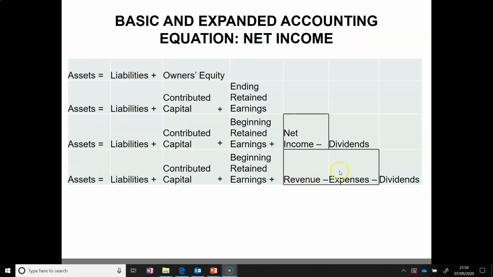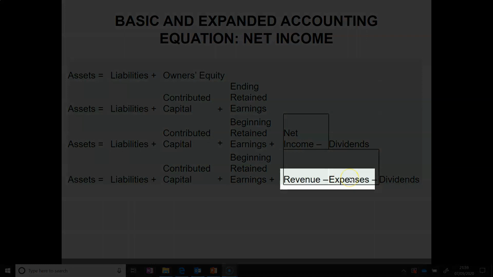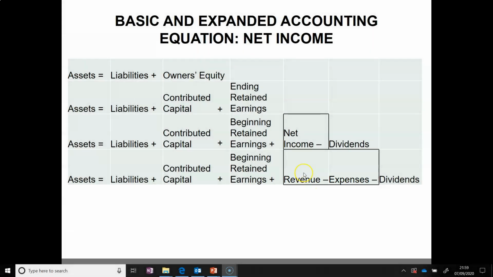Expanding the basic accounting equation further, we get net income as the difference between revenue and expenses from the income statement. We know that the income statement is the statement of financial performance for a period of the business. The financial performance may be indicating a net income or a net loss.